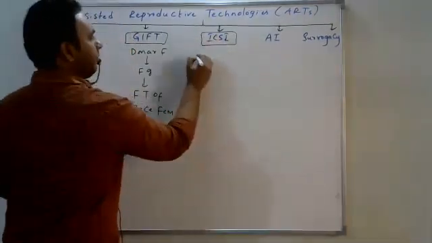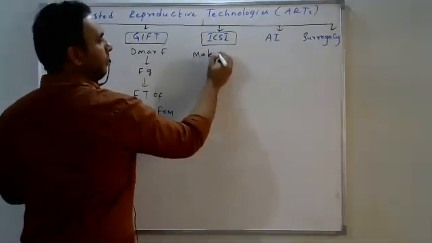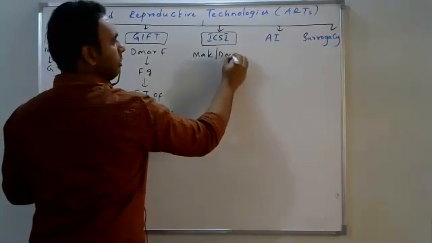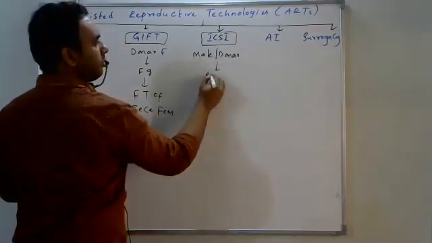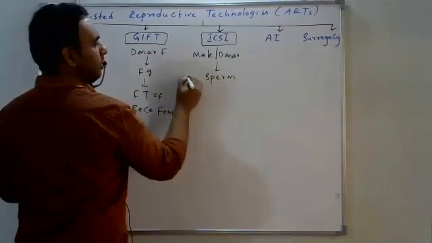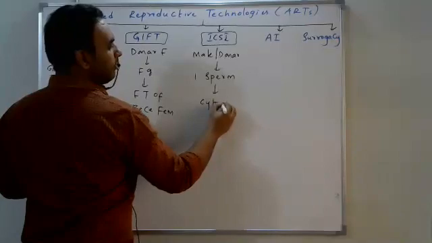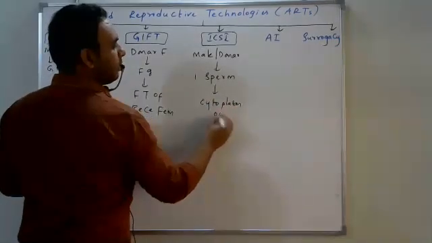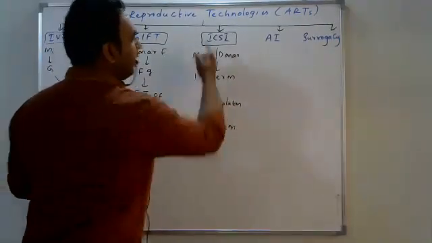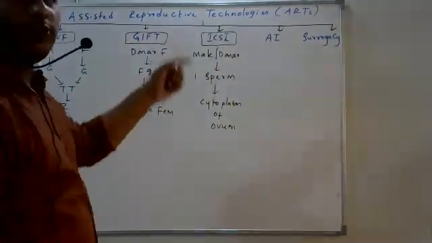Next, ICSI: from the male or from the donor, one sperm injected into the cytoplasm of the ovum, intracytoplasmic sperm injection, process over.